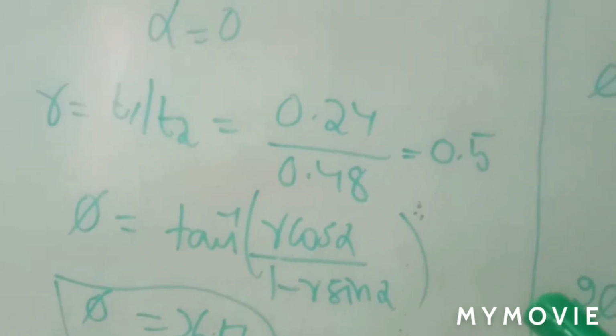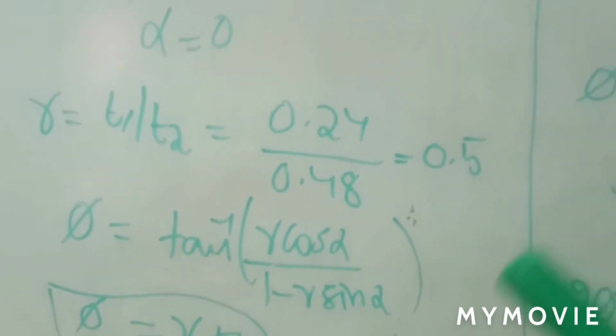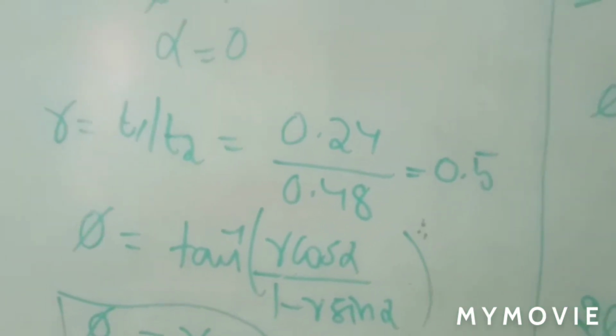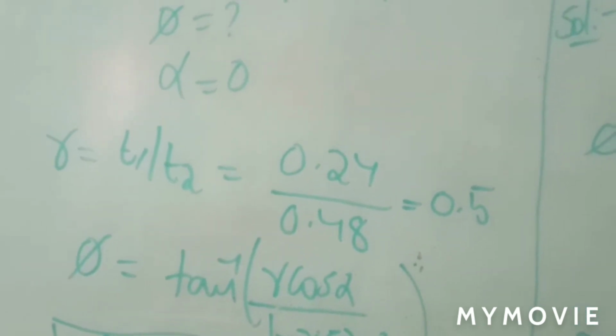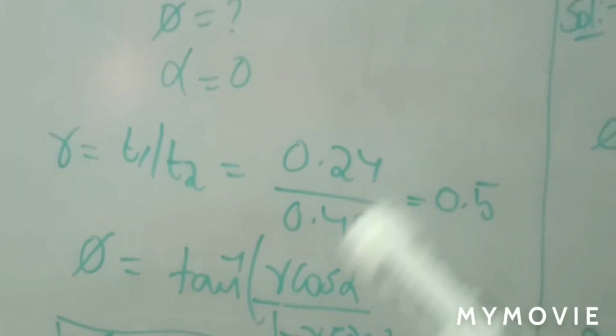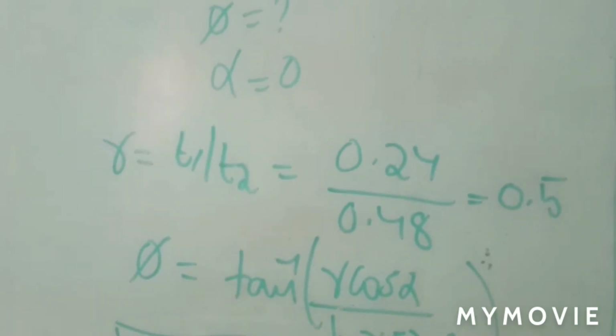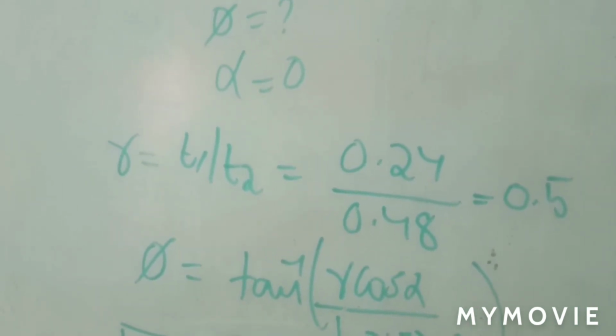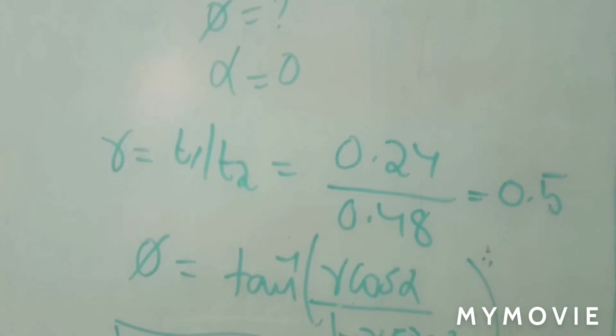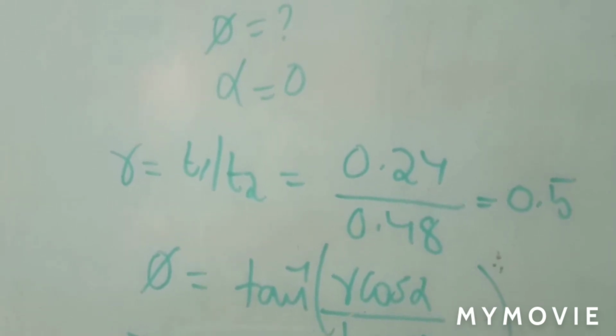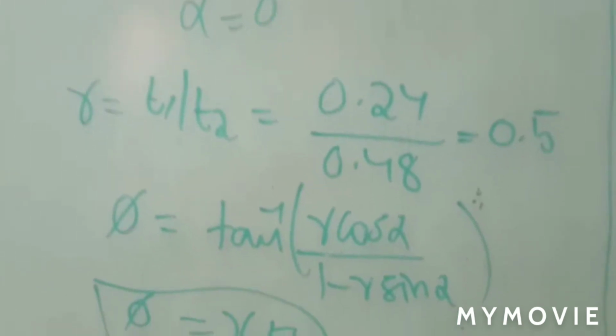That is the relation we use, and we used it in the previous problem also. So whenever in a given problem you are required to calculate the shear angle phi, simply remember the relation phi equal to tan inverse of r cos alpha by 1 minus r sin alpha. Very good. Now find out what the r value is.